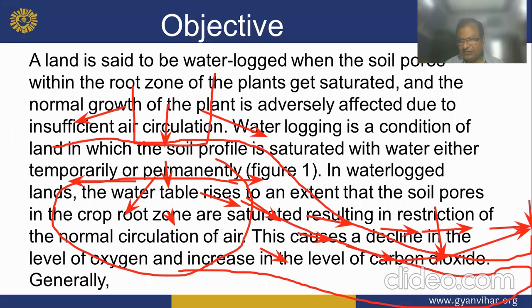Now the downstream water level is also high. So the roots will die. The roots will die because roots also need some oxygen. When they die, the plant will be useless.